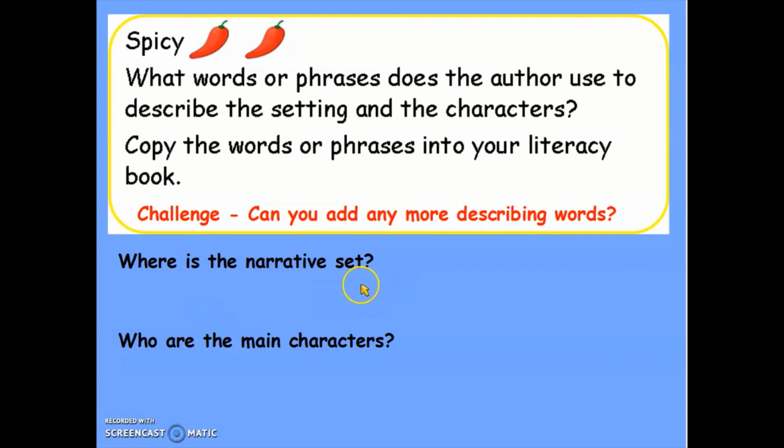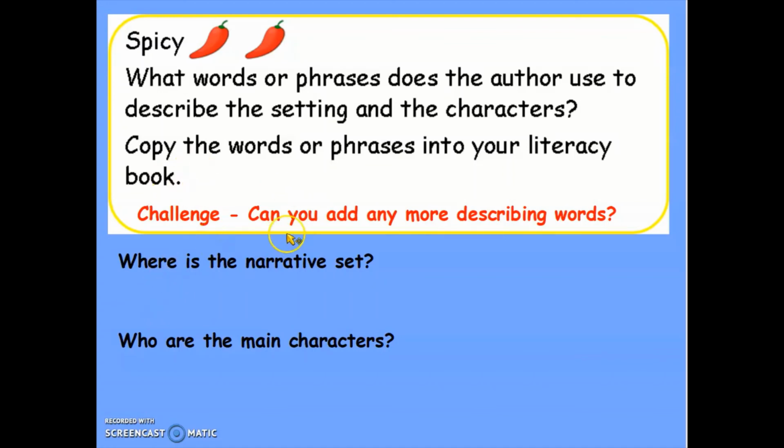Like with the mild challenge, you need to extract the words that tell us where the narrative is set and copy these into your literacy book, and then to extract the words that describe who the main characters are, and again copy these into your literacy book.